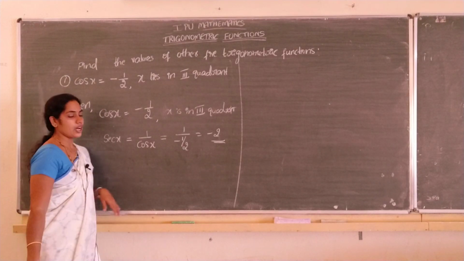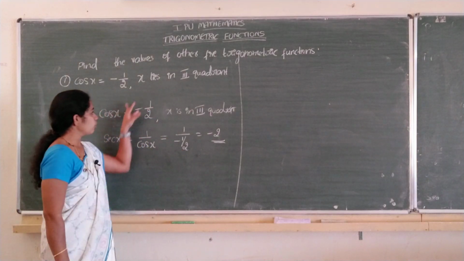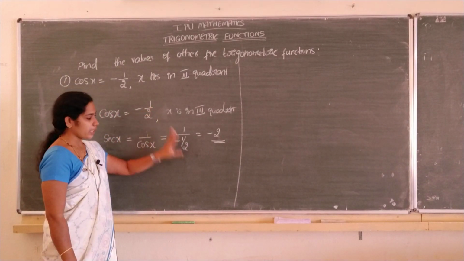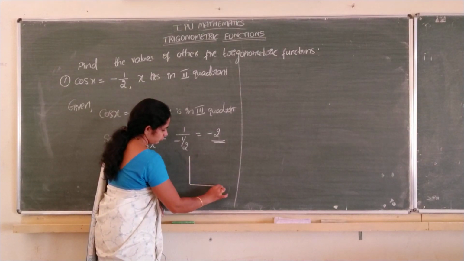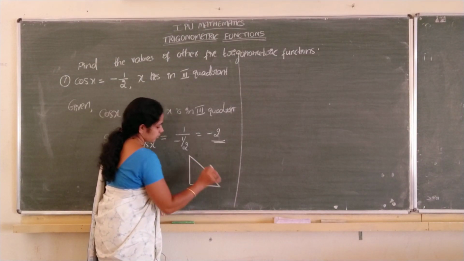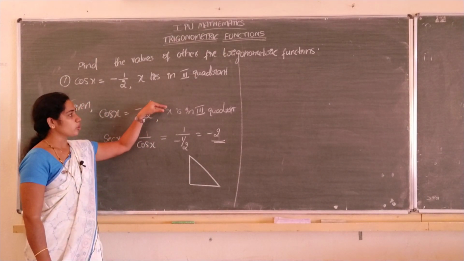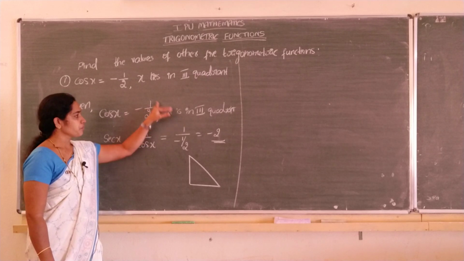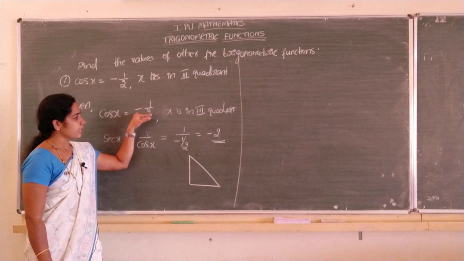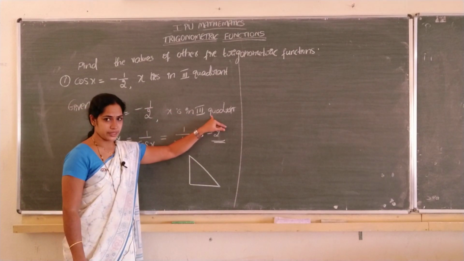What is sin x? How can we find out sin x? See, we have cos x, so we can make a triangle. How can we define cos x? Cos x is equal to adjacent by hypotenuse, correct? So, minus sign indicates that x lies in third quadrant.